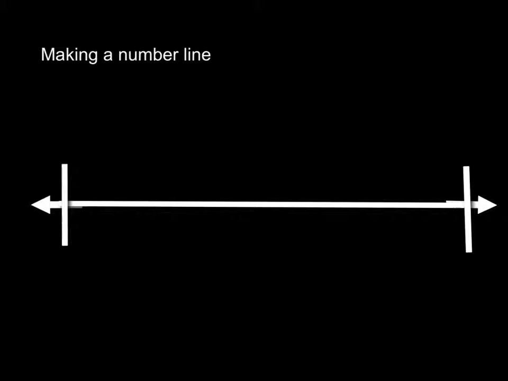Okay, and then once I get to this point, I can number it. Let's say that I am looking for 1 2/3. On this number line, I would label this first part 1 and this next part 2, because I know that 1 2/3 is between 1 and 2.